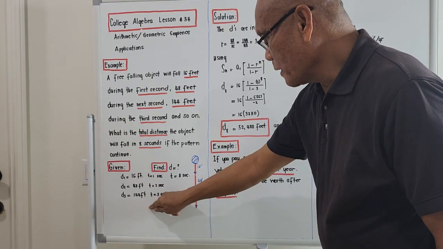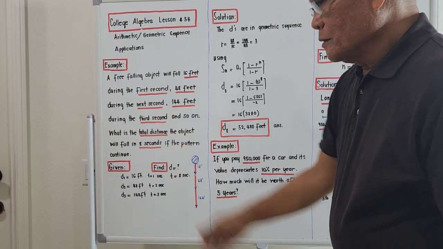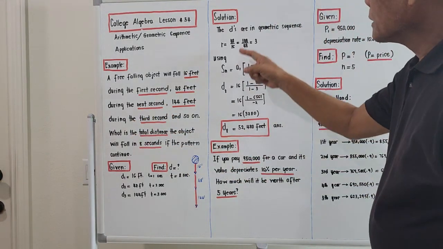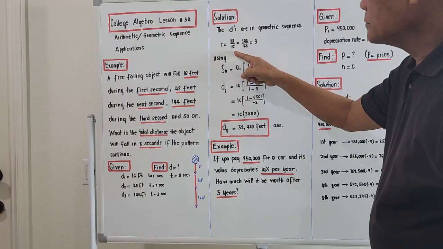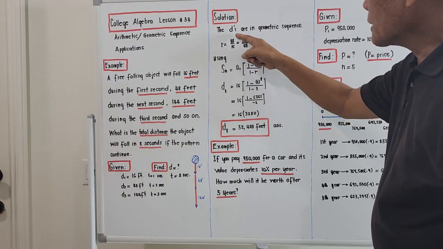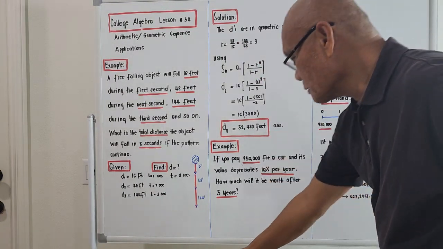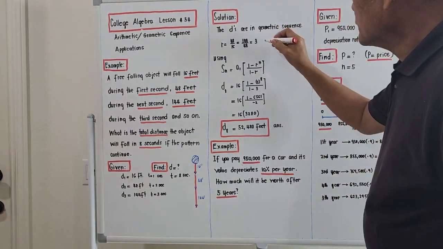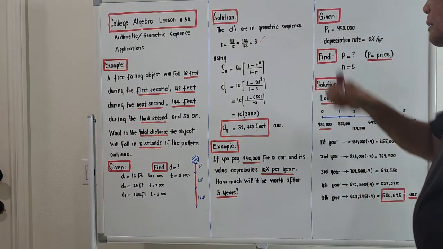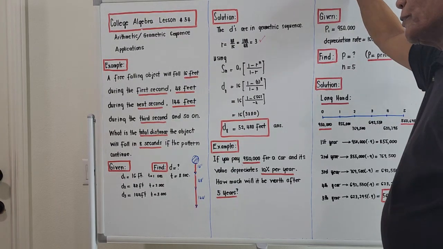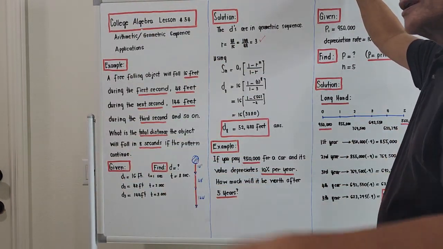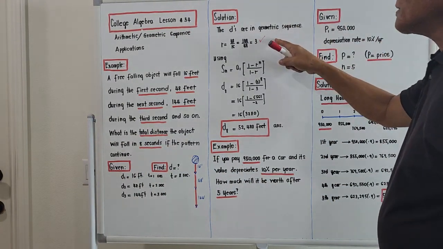If these two are equal, of course, the sequence is under geometric progression. So if we try to check it, it will be 48 over 16 or 144 over 48. And if we take the ratio, the value of r is actually 3. Meaning to say, every second, the distance traveled by the falling object is actually 3 times the previous.